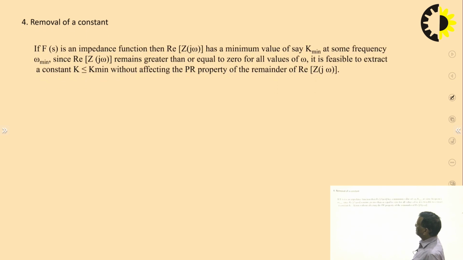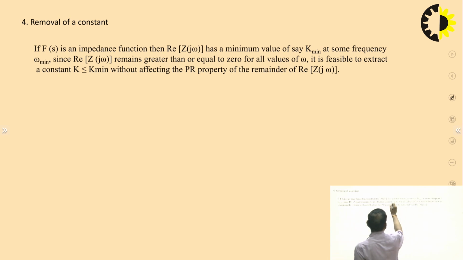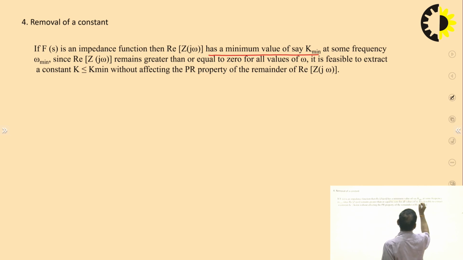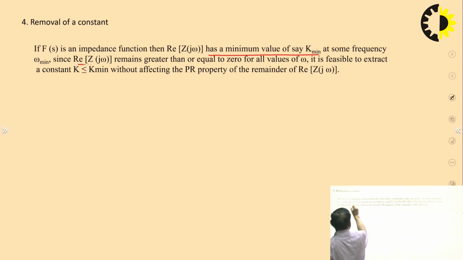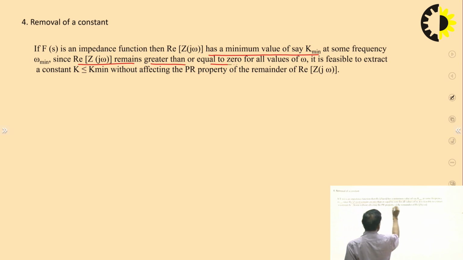Now come to the removal of a constant. It has a minimum value K min at some frequency, and since the real part remains greater than or equal to 0 for all values of omega, it is feasible to extract a constant K which is less than or equal to K min without affecting the positive realness property of the function.